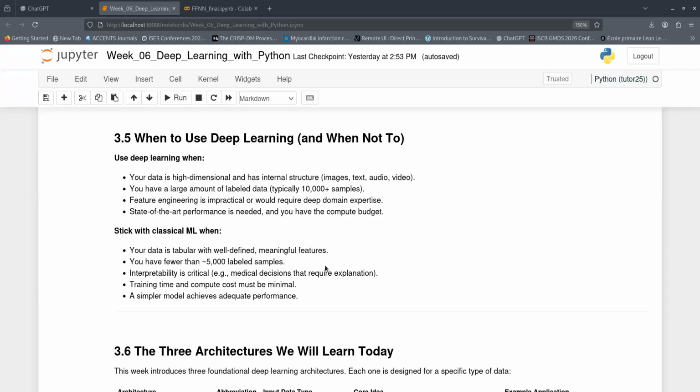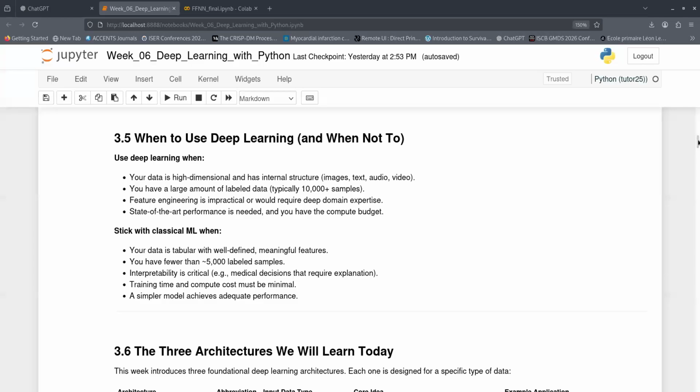So you don't need to go to deep learning for that. You can just stick with classical machine learning. Training time and compute costs must be minimal, and a simple model achieves adequate performance as well.